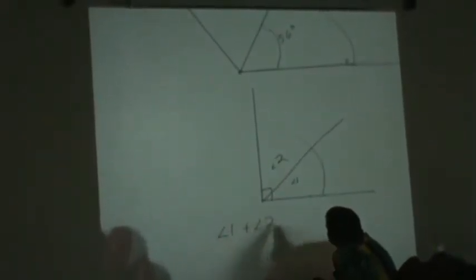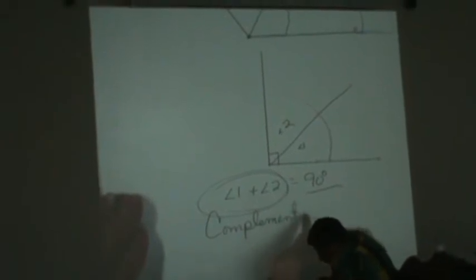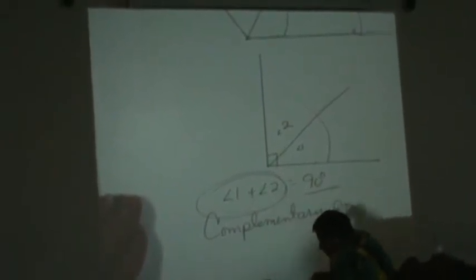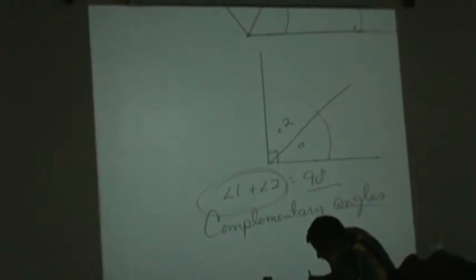These two angles add up to 90 degrees. Angle 1 plus angle 2 is 90 degrees. If these two angles add up to 90, they are called complementary. Complementary angles. Okay? Those two angles are complementary.